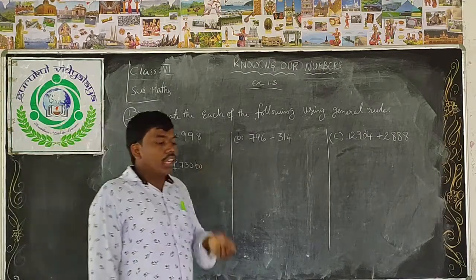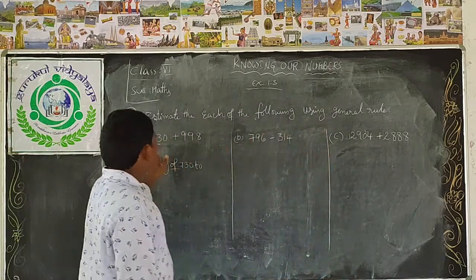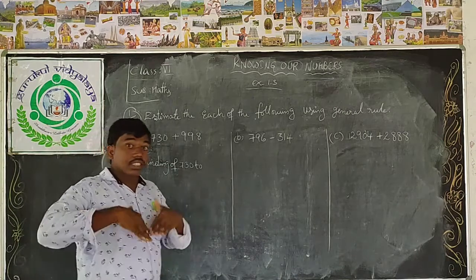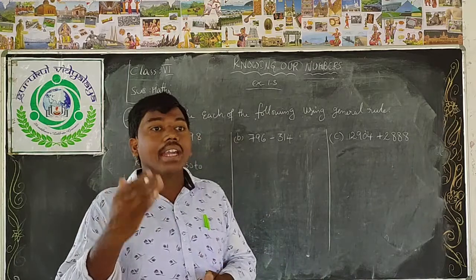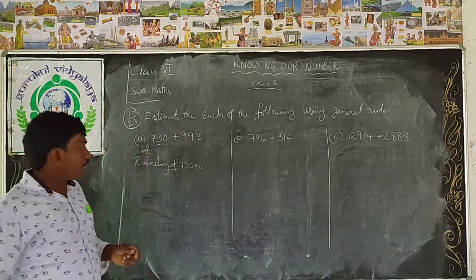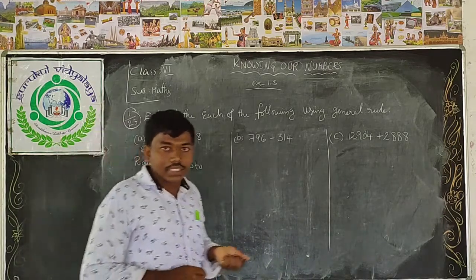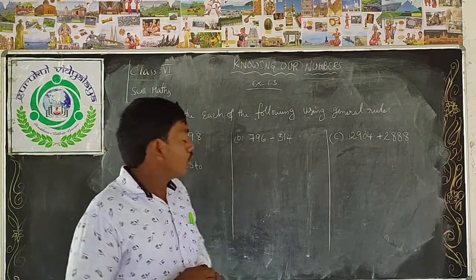If the tens place value is less than 5, there is no need to change the hundreds place value. If it is 5 or more than 5, we add 1 to the hundreds place value. See, children, the tens place value is 3. Is it less than 5 or not? 3 is less than 5. Very good.